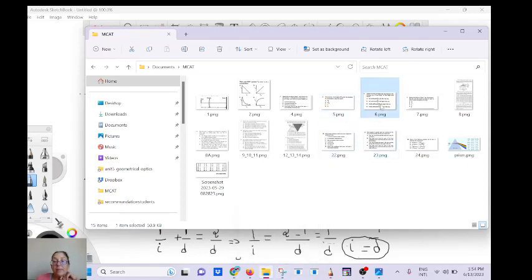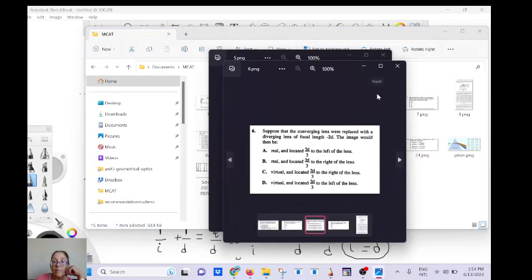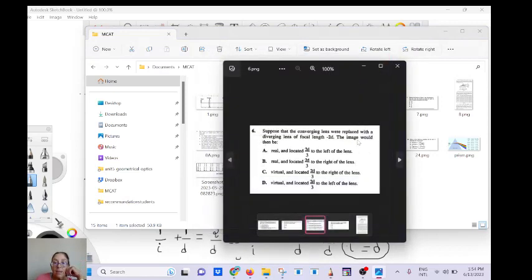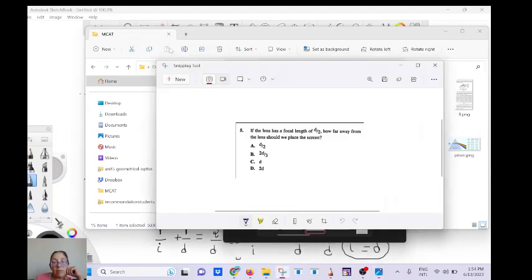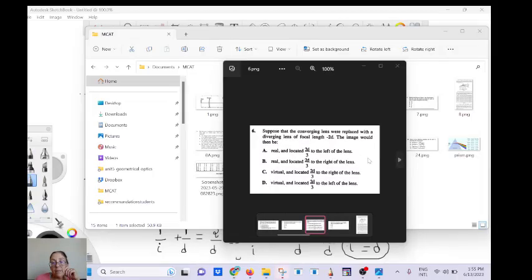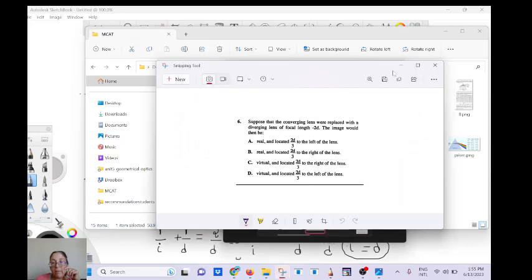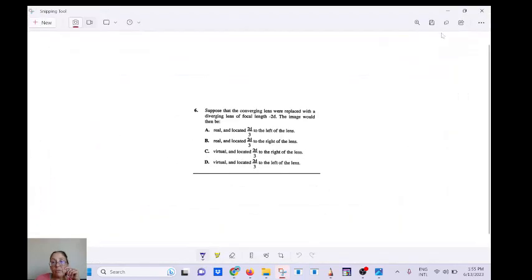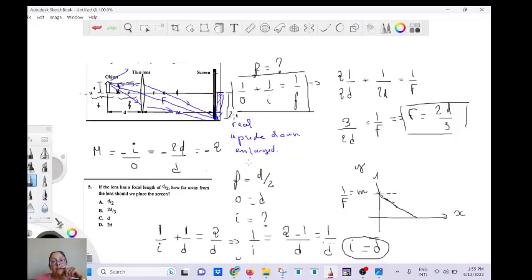Okay, so number 6. So it's the same situation, but now we replace the lens by a diverging lens. So diverging lens meaning the image has to be virtual.